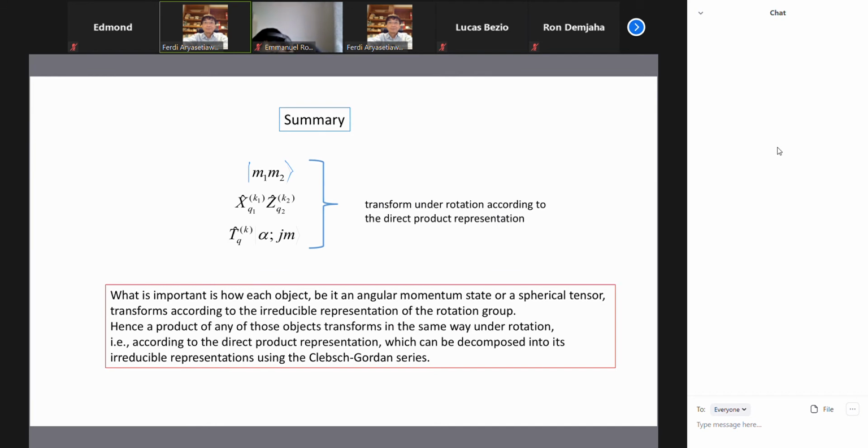And in the case of the Wigner-Eckart theorem, we also have a product of the spherical tensor and angular momentum states. So all of these three objects transform under rotation in the same way. They transform according to this direct product representation.